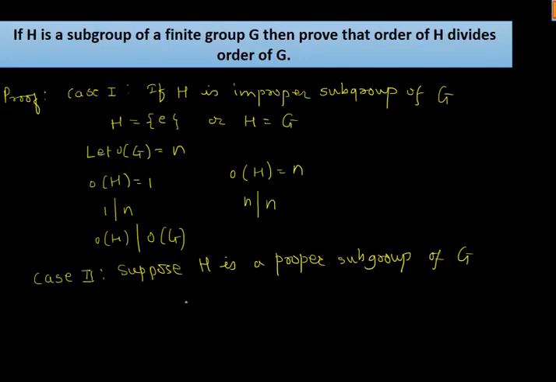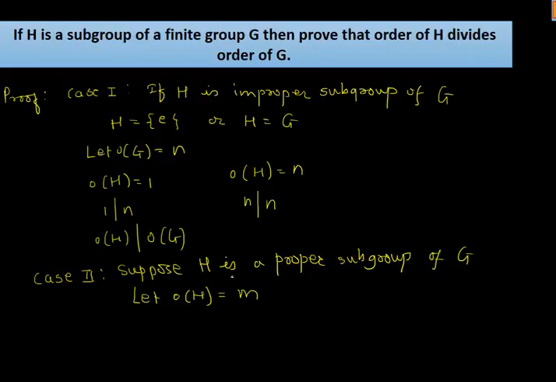Since this is a proper subgroup, let the order of H be equal to something less than n. I denote that order by m. So let the order of H be equal to m.